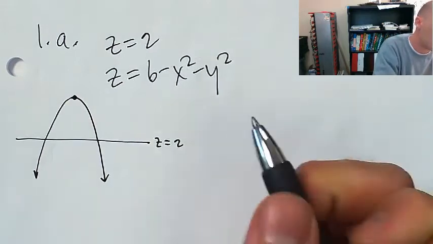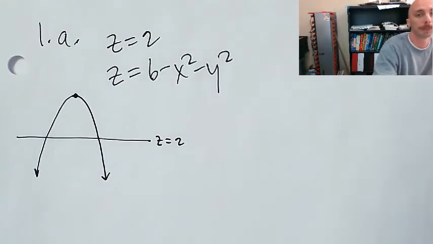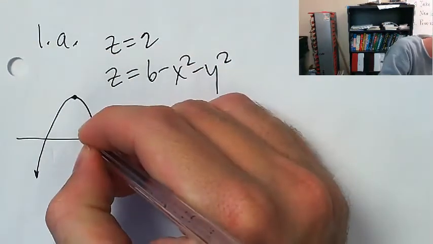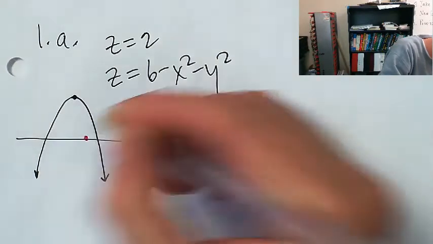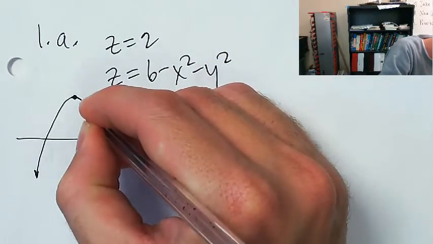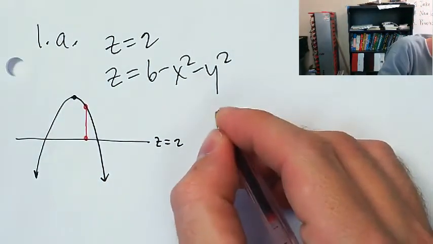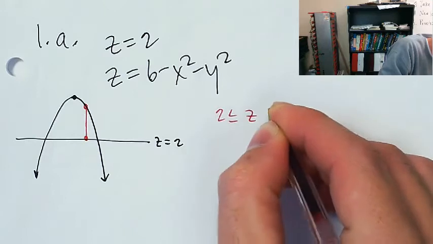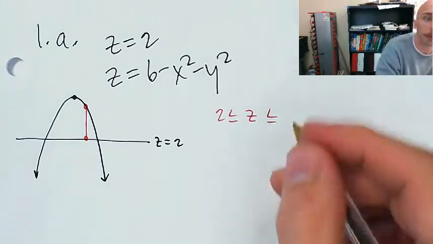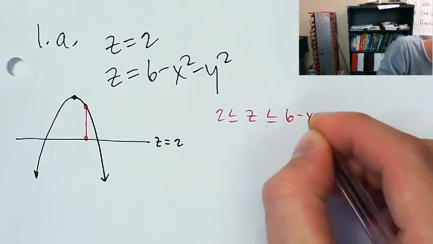So in terms of z, I'm going to start with z. Z is running from 2 up to z equals 6 minus x squared minus y squared. So 2 is less than or equal to z, but z is less than or equal to 6 minus x squared minus y squared.